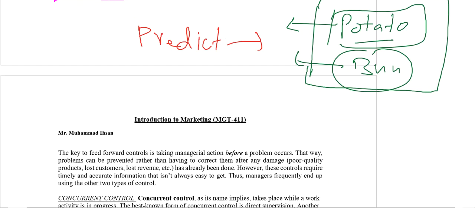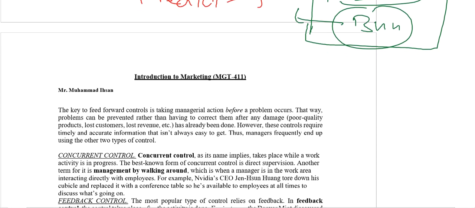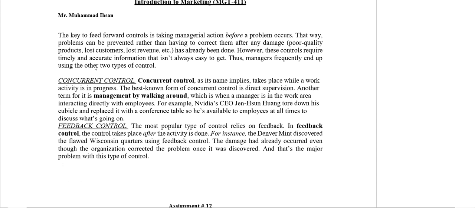So this is called the proactive approach, where before any problem we anticipate, we predict, and after that we try to find the solutions. Number two, concurrent. Concurrent means when a problem or any issue is going on and we try to find the solution.